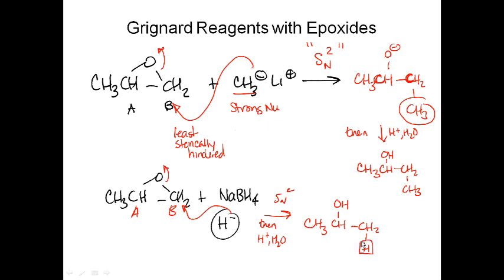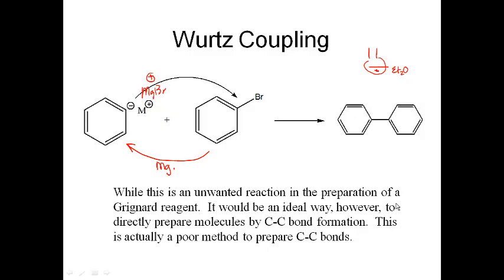We actually can open up an epoxide using sodium borohydride, using the H- as the nucleophile, and the characteristics would be exactly the same as the Grignard. The H- will attack the carbon that is least sterically hindered or least substituted. Okay. So that's reduction.